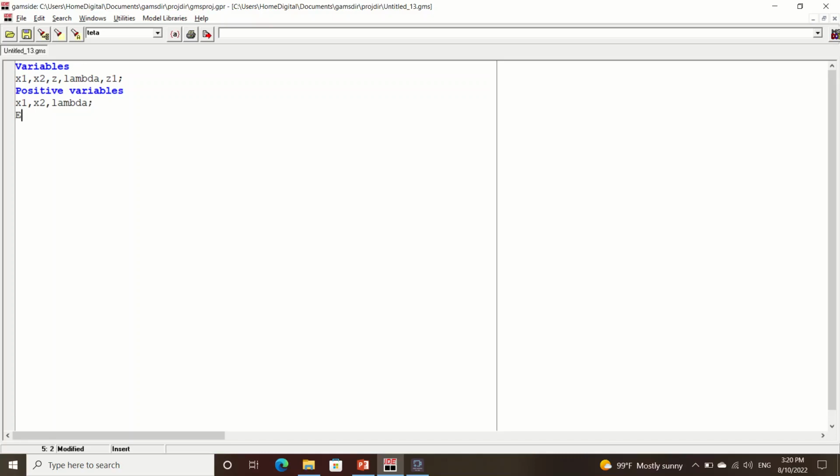And for equations, objective function, constraint 1, constraint 2, constraint 3, and we want to know the value of expression on the right hand side of the main objective function.